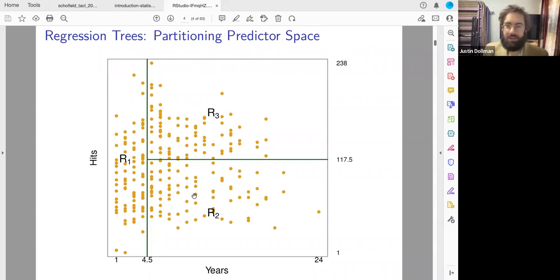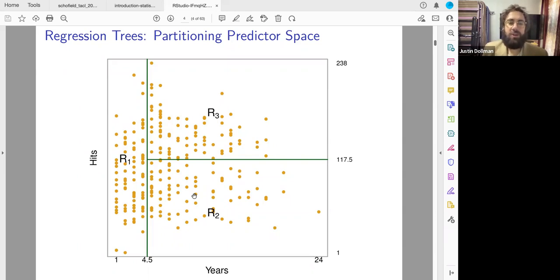But instead of having a continuous relationship with a parameter between hits and salary and years and salary, what we do is divide up the feature space. Here we have a plane, a 2-dimensional feature space, and you can create these regions. That's what these R's stand for. So you have a region 1, region 2, and region 3.